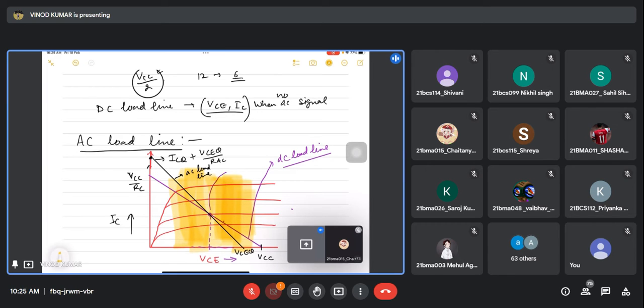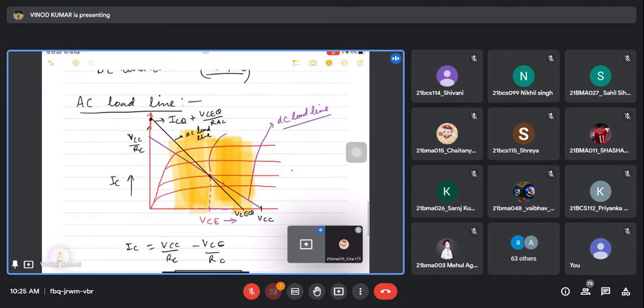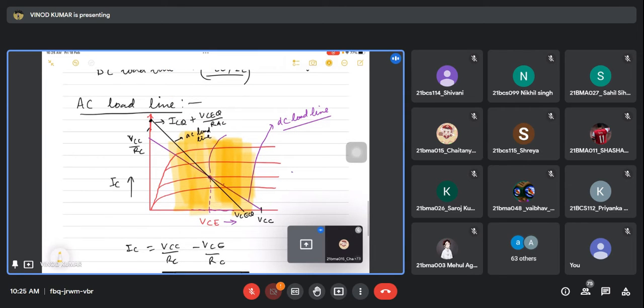This is going to define for us, if somebody is asking you, that here is a signal of, suppose, 10 microvolts, and we want its output to be 10 volts or 5 volts.